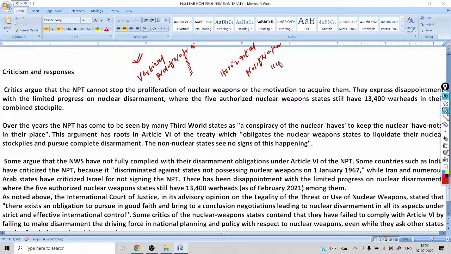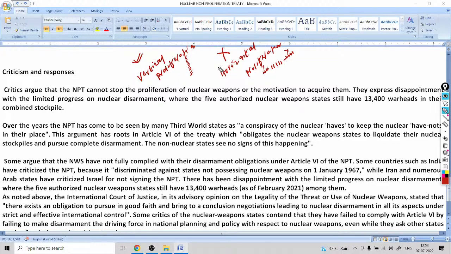That means this way, no one is allowed beyond these five. Okay, this is discriminatory. It allows vertical proliferation but prohibits horizontal proliferation.